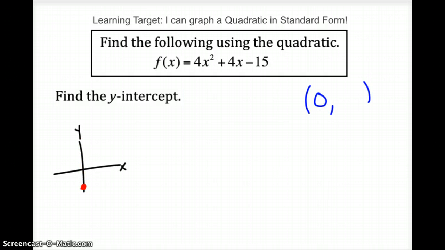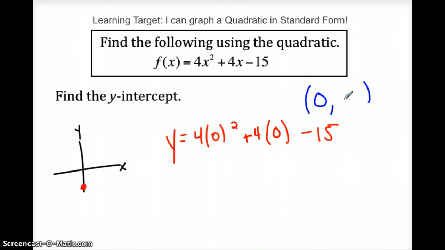So let me plug that in for my x. If you need to type it in your calculator, you can. If you can do it in your head, cool beans. We should get the value negative 15 when it's all said and done. So this would be my y-intercept point.